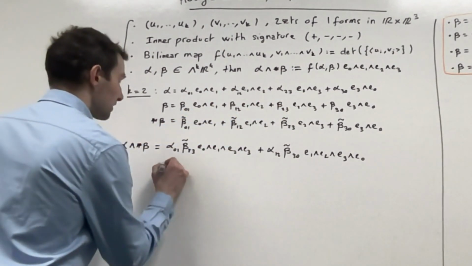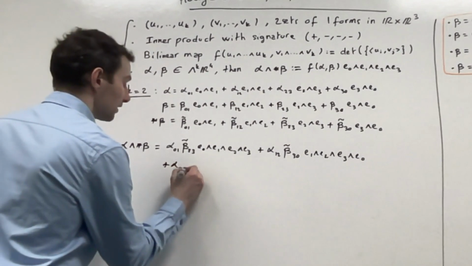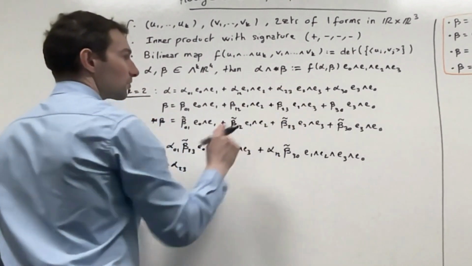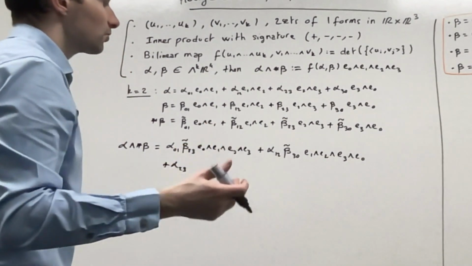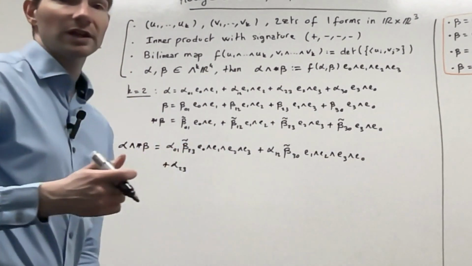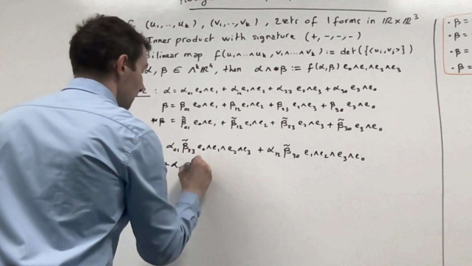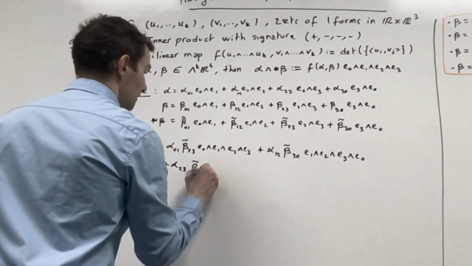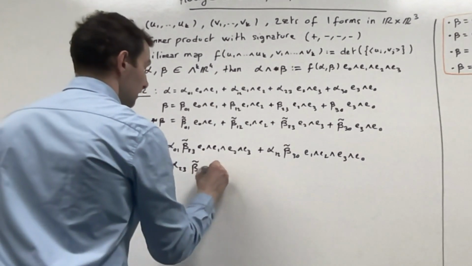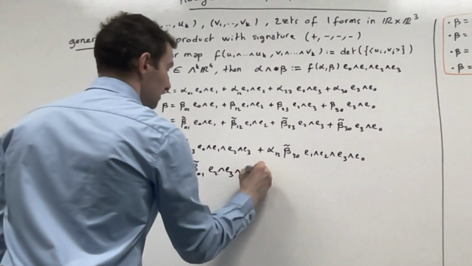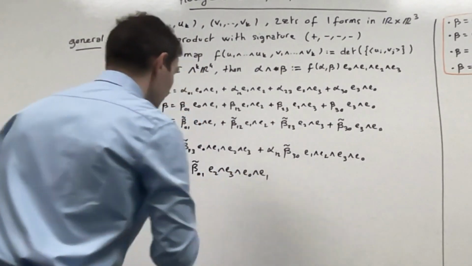So then plus alpha 2, 3, and then so 2, 3. So then we need to have something that is neither 2 nor 3. So that's going to be 0 and 1. So that's here, beta tilde 0, 1. But then that's E2, E3, wedge, E0, E1.